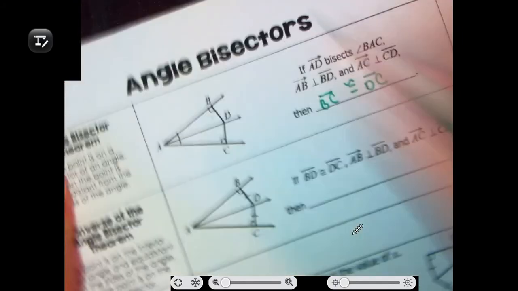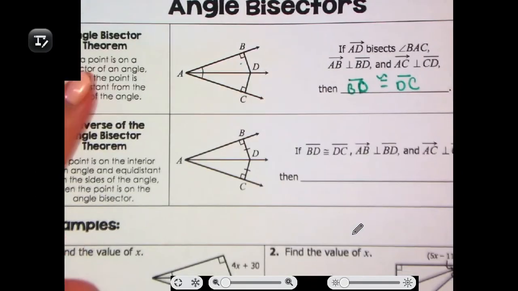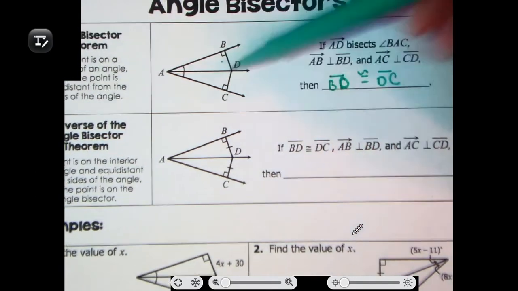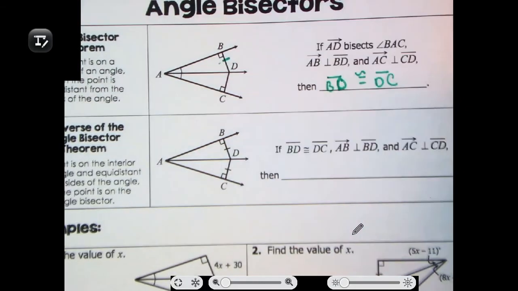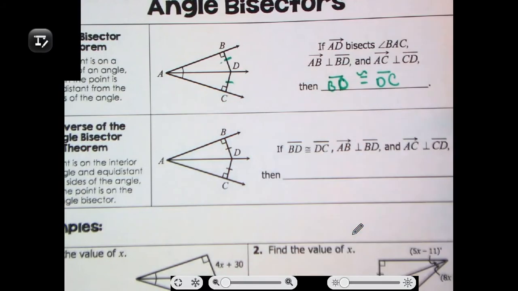Oops, and I wrote that wrong again. Whoops, BD, my apologies. So BD, this one right here, is perpendicular to DC, and it means that those two are congruent to each other. BD is congruent to DC. All right, so that's the angle bisector theorem.